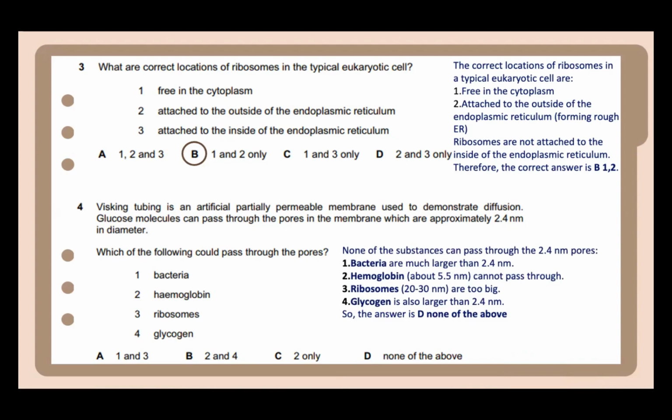Reason being, bacteria are much larger than 2.4 nanometers. Hemoglobin is about 5.5 nanometers, which also cannot pass through. Ribosome size is about 20 to 30 nanometers, which is too big. Glycogen is also larger than 2.4 nanometers. The answer is none of the above.